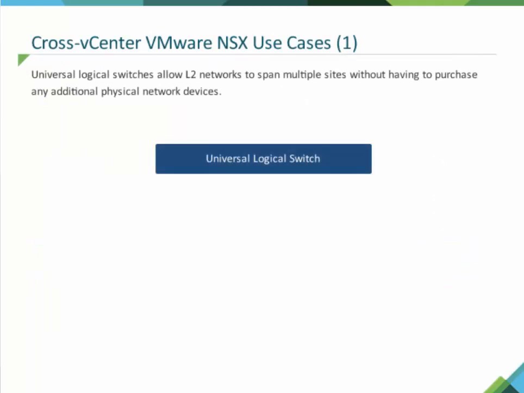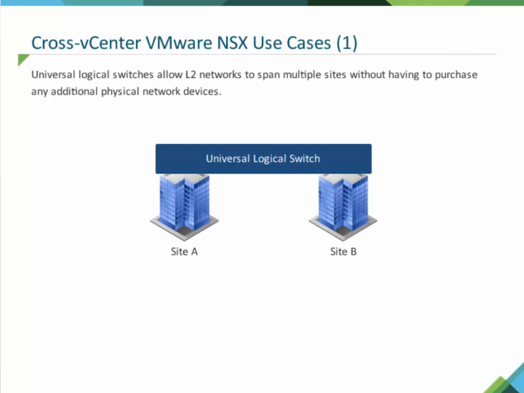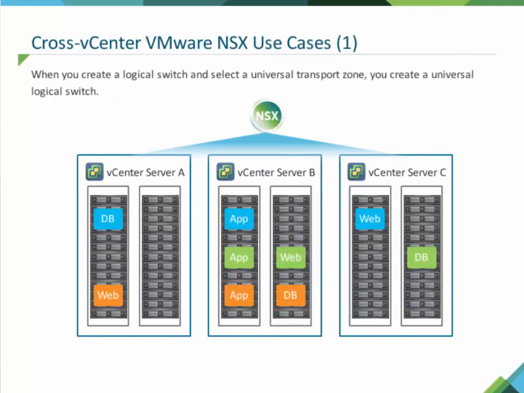Universal logical switches allow L2 networks to span multiple sites without having to purchase any additional physical network devices. When you create a logical switch and select a universal transport zone, you create a universal logical switch. This switch is available on all clusters in the universal transport zone.